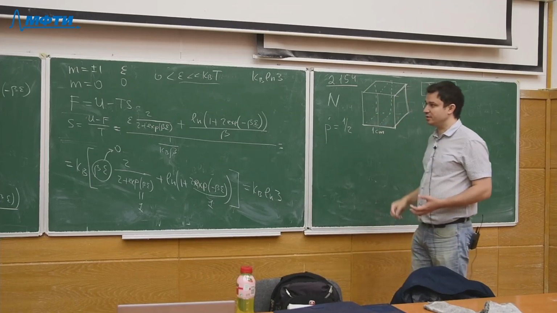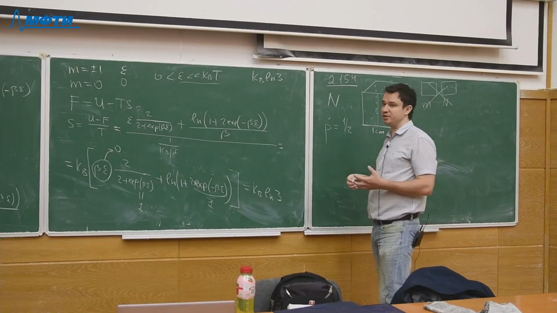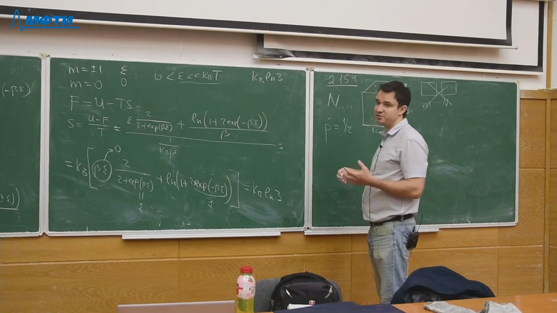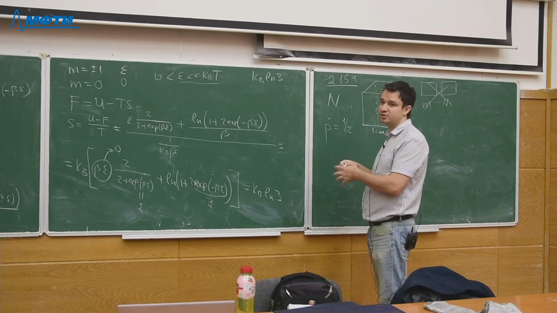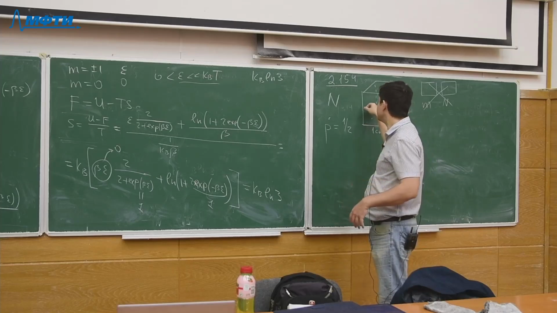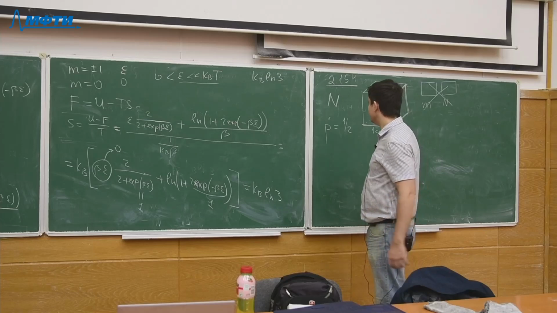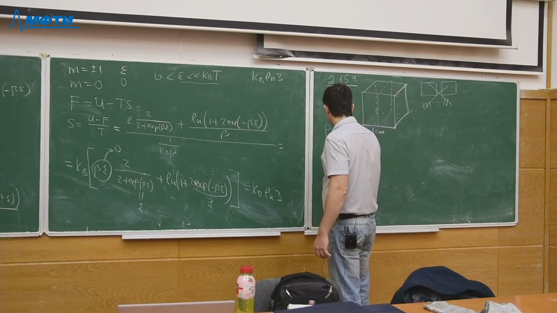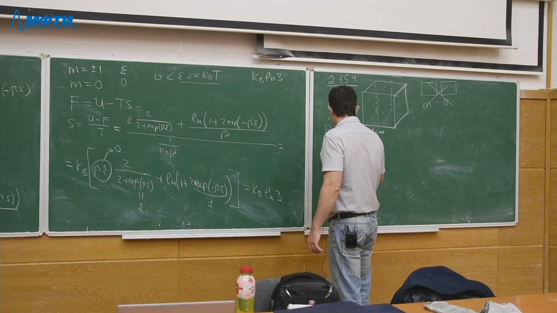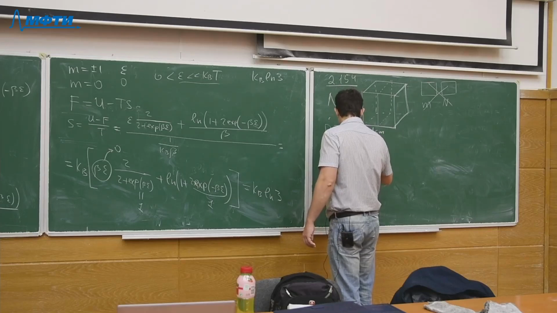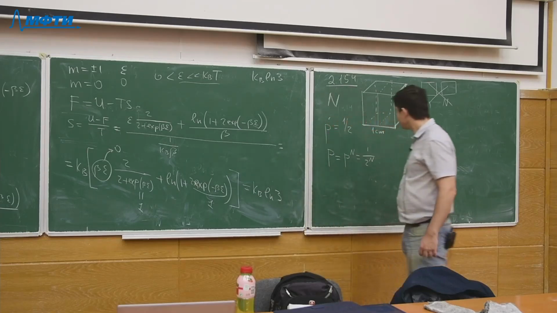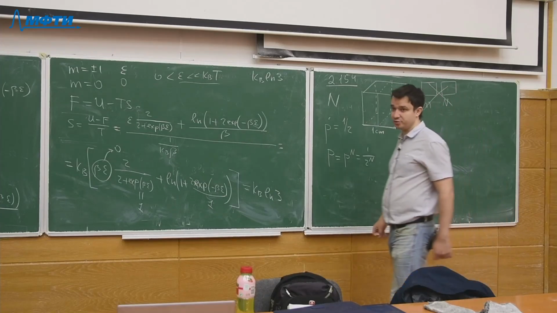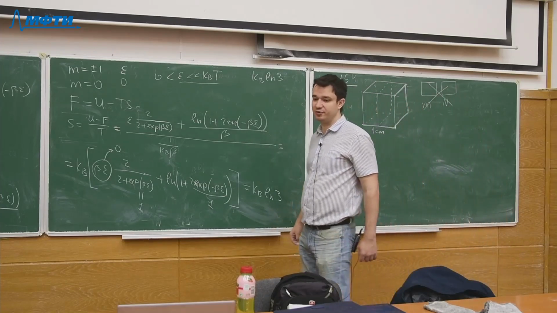But if we calculate the probability of n independent events, that n molecules happen to be in the same half of the vessel, then it should be exactly equal to this small p to the power of n. So that would be 1/2 to the n for all molecules to gather in the same half of the vessel.